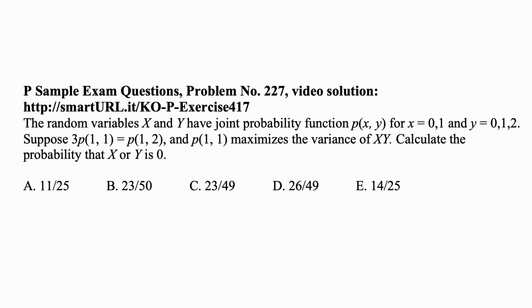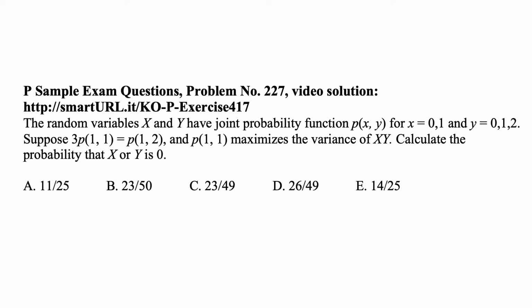I don't know about you, but I find this problem just slightly confusing at first, because how is p of 1, 1 by itself maximizing the variance of xy when the variance of xy depends on other probabilities?